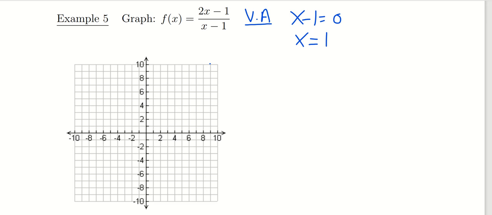Now that's only a potential vertical asymptote. Before we go ahead and claim that it is, you also need to make sure that it doesn't also make the numerator equal to 0. Certainly, if you plug 1 in, that would give us 2 times 1 minus 1, which is equal to 1. So it makes the denominator 0, but not simultaneously the numerator. So that means that this definitely is going to be a vertical asymptote for our function.